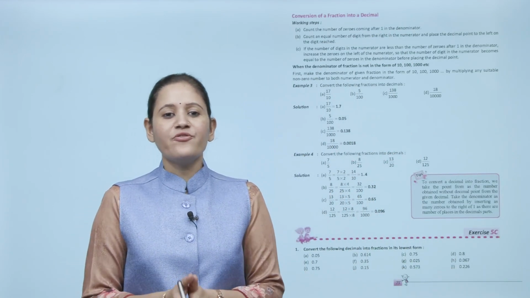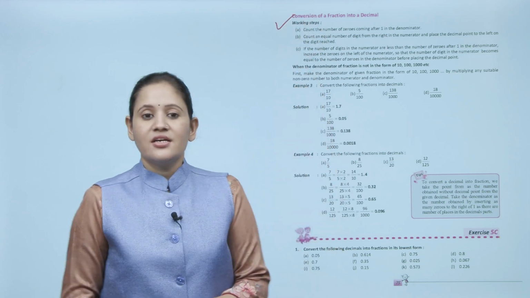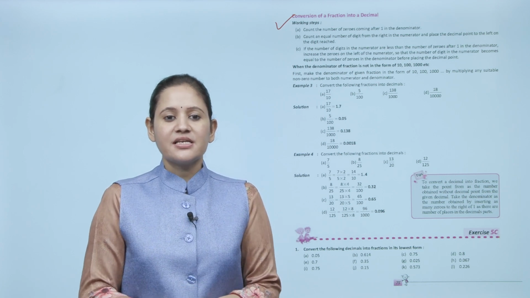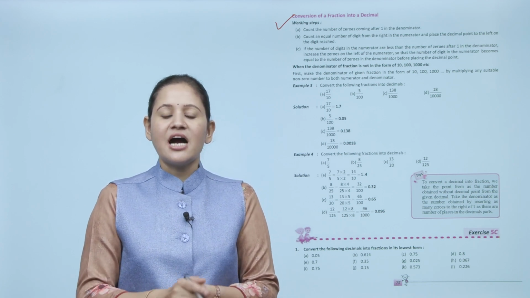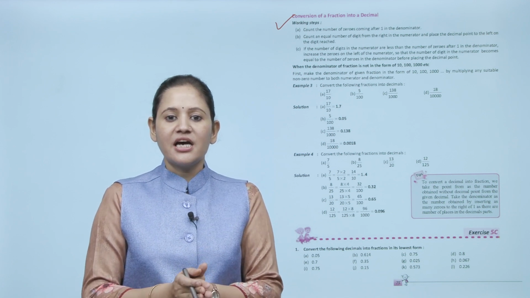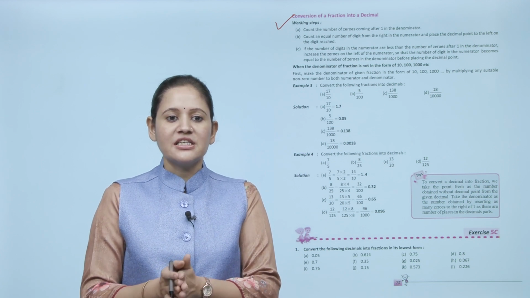Next is conversion of fraction into decimal. Now we will learn how to convert a fraction into decimal. Working steps. Count the number of 0s coming after the 1 in the denominator. Count the equal number of digits from the right of the numerator and place the decimal point to the left of the digit reached.